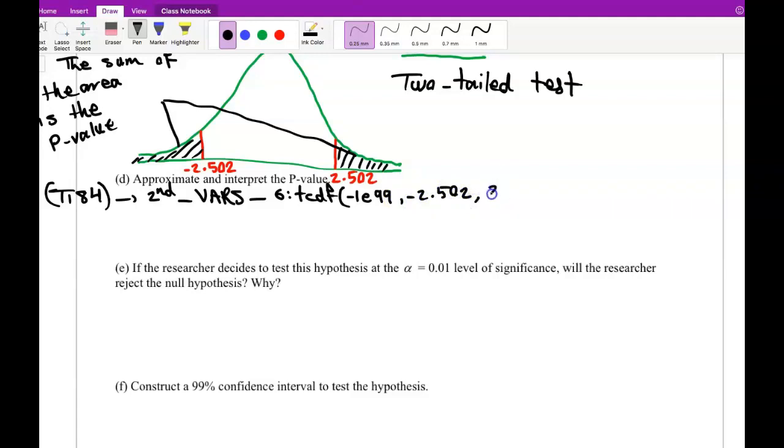Degrees of freedom is 22. I'm writing that part here again. So degrees of freedom, this is n minus 1, 23 minus 1 is 22. So this is equal to, okay, I rounded this one.